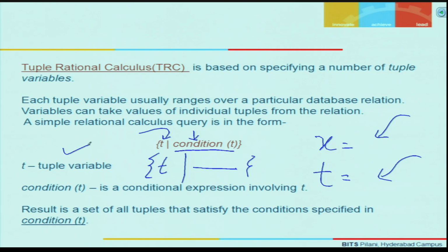T is a tuple variable, that means at each iteration some tuple will be assigned to T, and then the conditions specified in the formula will be applied onto the tuple values, and if it meets the condition, only then will such tuples appear in the result. Condition T is a conditional expression involving the tuple T. The result is a set of all tuples that satisfy the conditions specified in condition T.